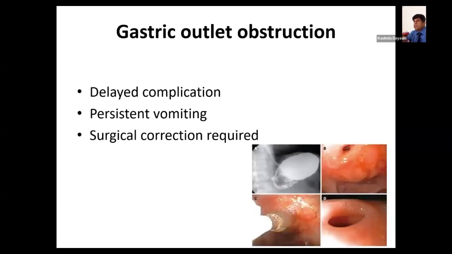Also, especially following acid burns, it can result in gastric outlet obstruction, acquired pyloric strictures. They can again present with abdominal distension and vomiting. It's a delayed complication. Persistent vomiting can be the most likely presentation, and again needs referral to the surgeon and then surgical management.